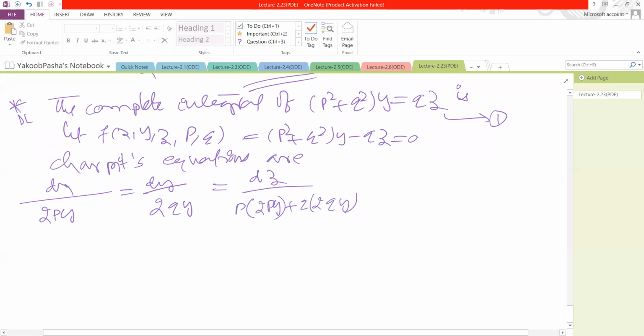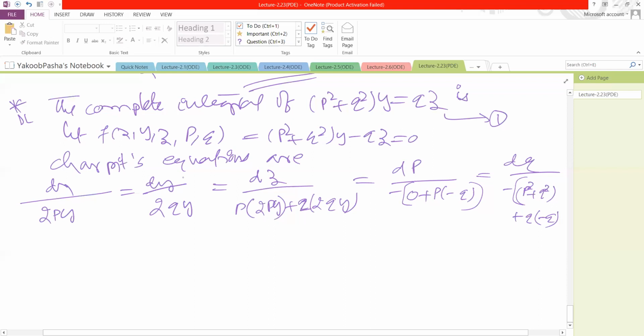Is equal to dp by minus of fx plus p into fz. No term of x, so 0, p into fz, minus q. That is equal to dq by minus of fy, means p square plus q square, y differentiation 1 into p square plus q square, minus plus q into fz, minus q.